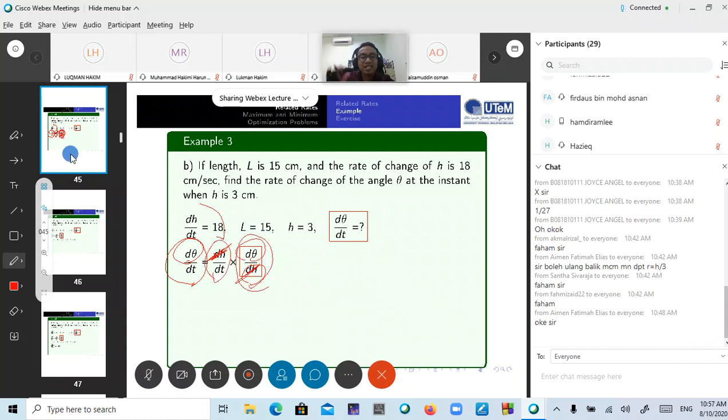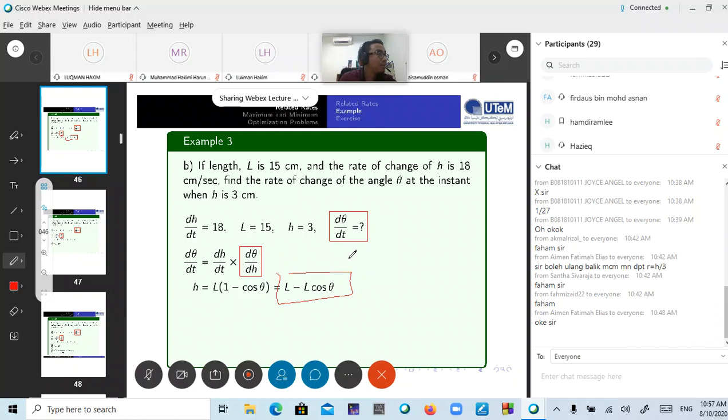So first of all, you need to find dθ/dH. So, how to find dθ/dH? It's already given by H equal to yang tadi, equation yang atas tadi. Awak apply balik je. H equal to L minus L cos theta. So, awak differentiate this one. Okay. Nah, ini adalah H as a object.